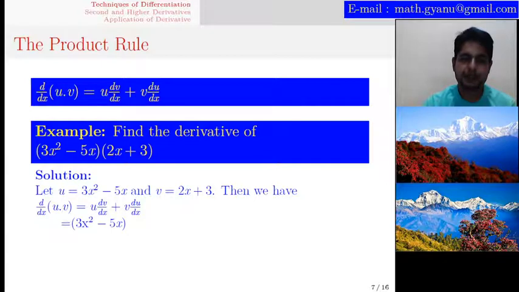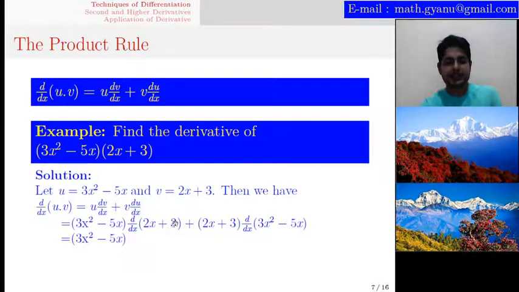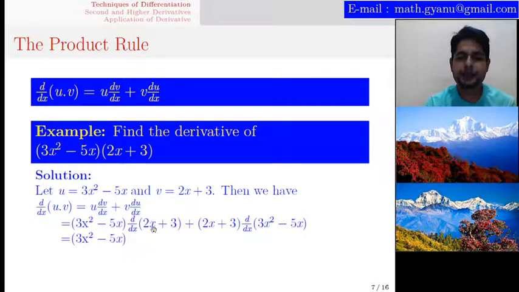Now simply substitute the value of u, 3x square minus 5x, times d by dx of v, that is 2x plus 3, plus v, 2x plus 3, times d by dx of u, that is 3x square minus 5x. Now simplifying, first 3x square minus 5x will be as it is. d by dx of 2x plus 3: here 3 is a constant and its derivative will be 0, so we simply write the derivative of 2x, that is 2.